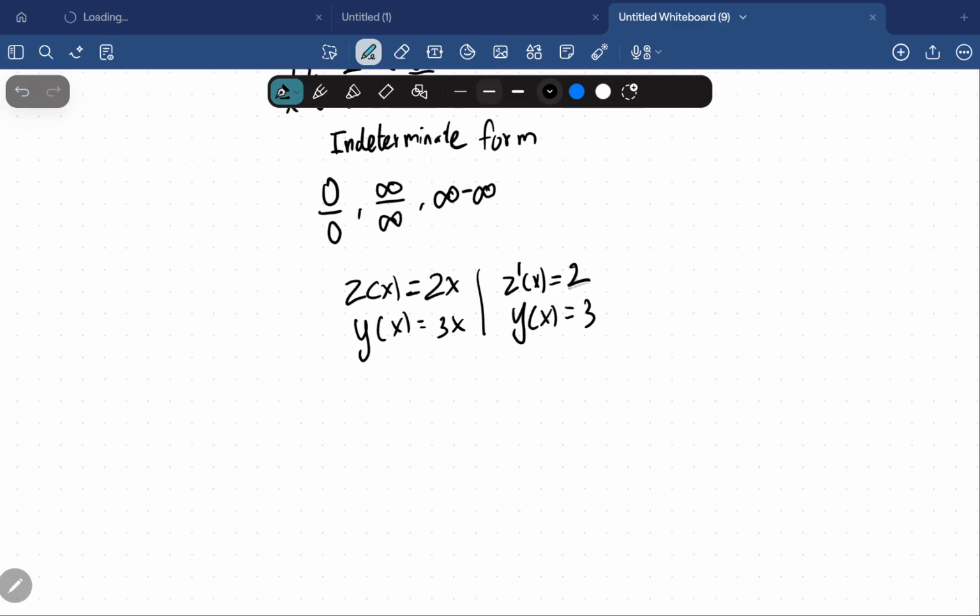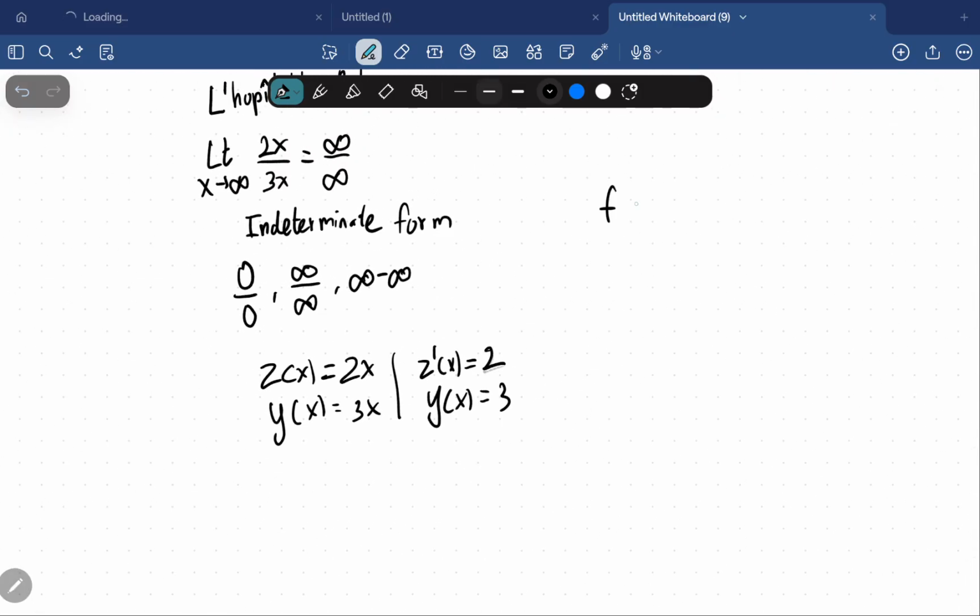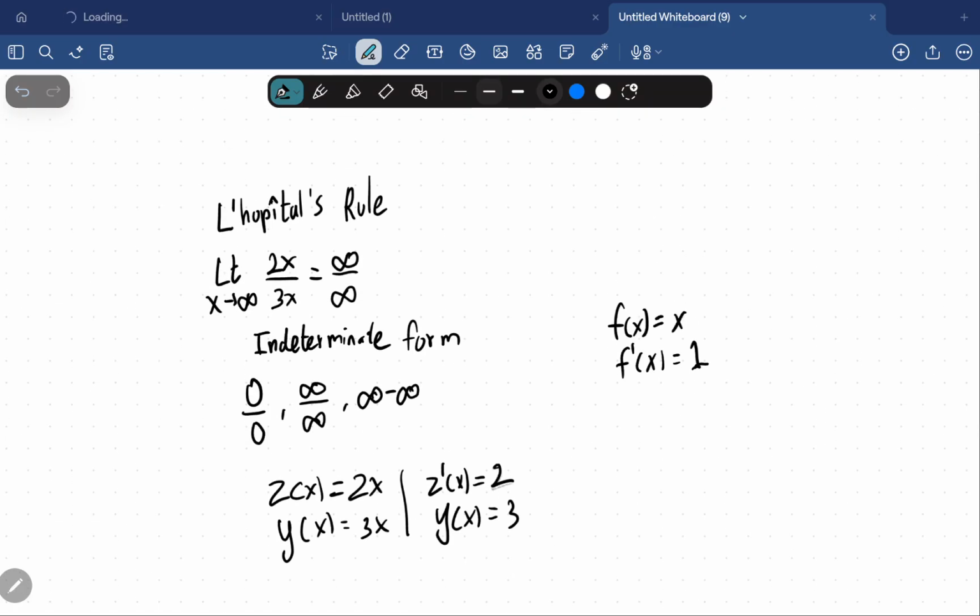Because if you remember this formula, the derivative of x is 1, and 2 times 1 is 2, and 3 times 1 is also 3.